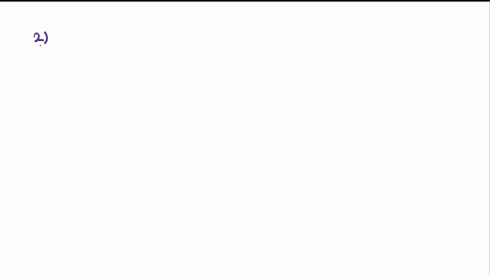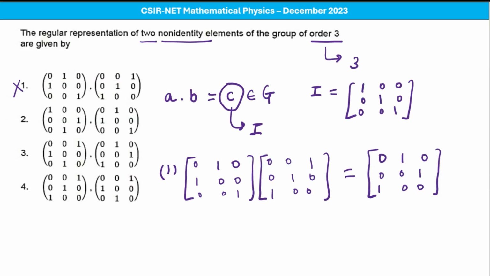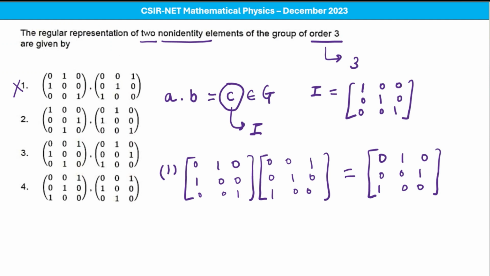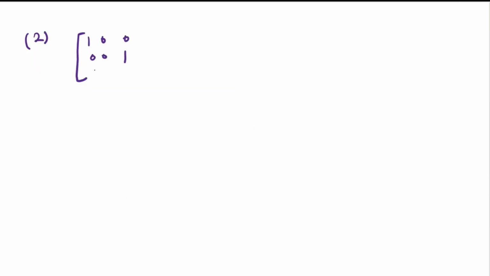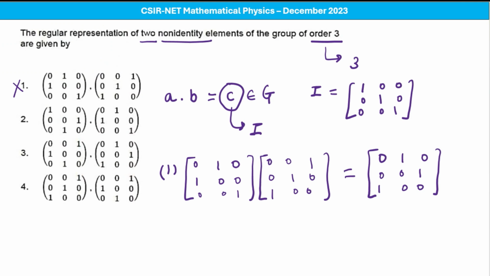Checking the second option, 1 0 0, 0 0 1, 0 1 0, times 0 1 0, 1 0 0, 0 0 1.